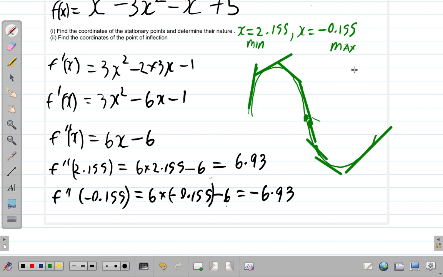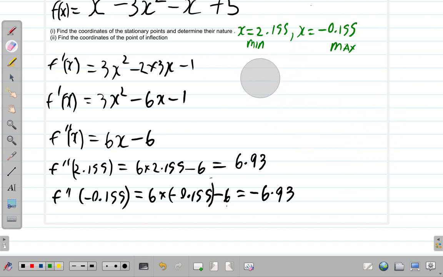Now, of course, we have our curve. The way it's going to look, you have a maximum point at negative 0.155 and a minimum point at 2.155. So you're going to have a point of inflection somewhere between them, right? Somewhere here.